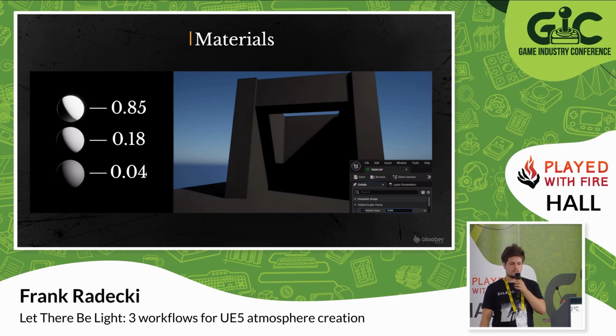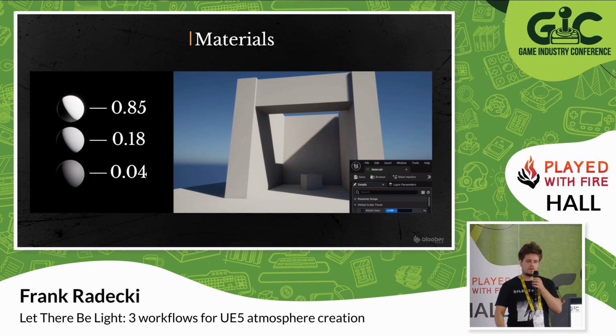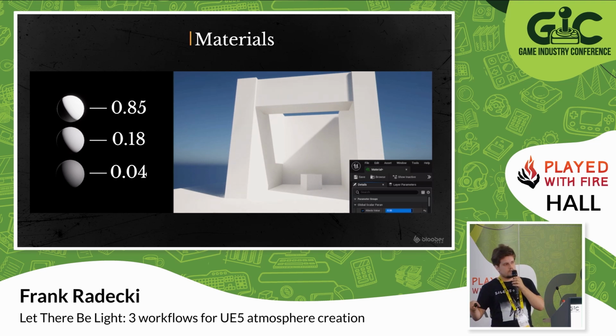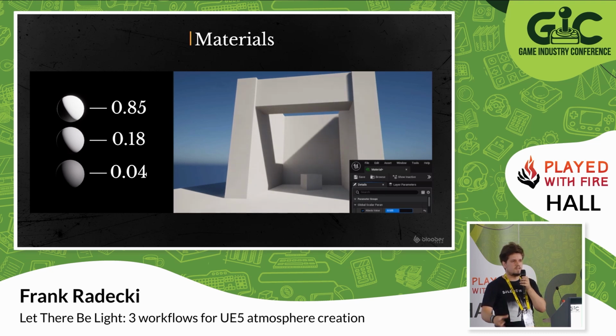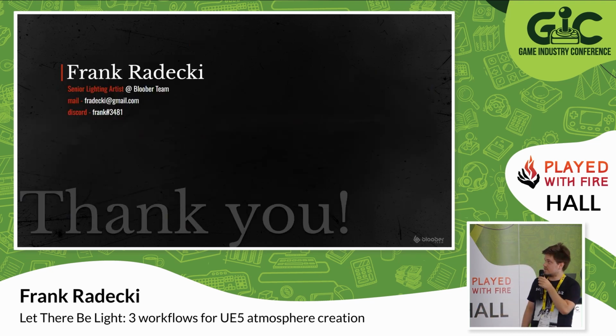That's impossible in the real world. And if the material is darker than 0.04, you cannot see anything. The 0.18 value is where the materials are reflecting 50% of the light. So it's, you know, like an average. That's all. Thank you very much.